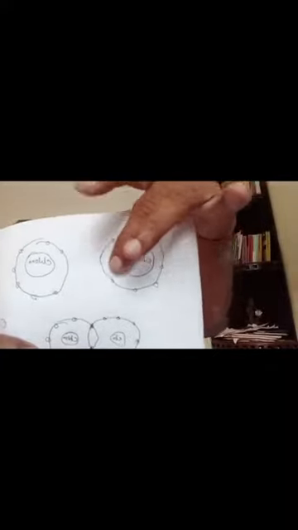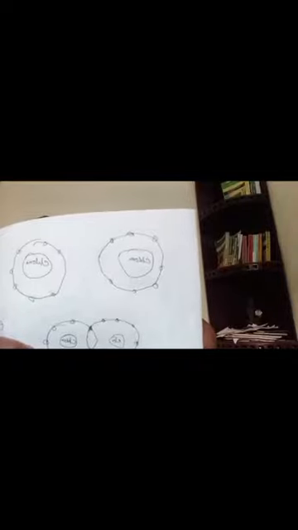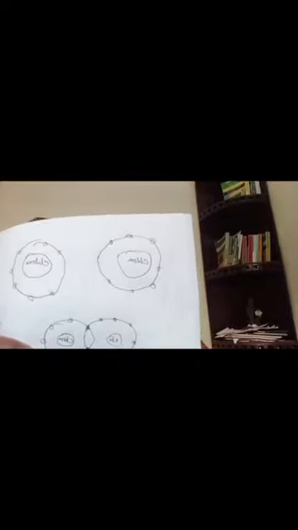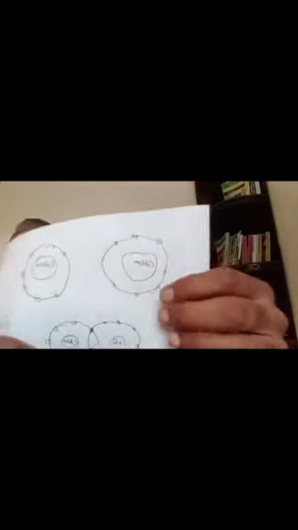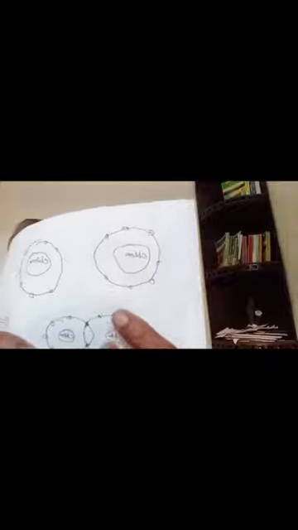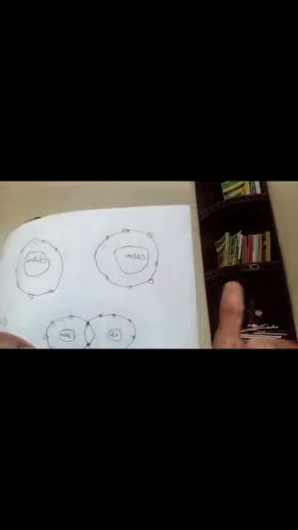Inside there are a number of orbits in which electrons are revolving. That is not shown in this figure. In the case of chlorine, there are 1, 2, 3, 4, 5, 6, 7 electrons in the outermost orbit.